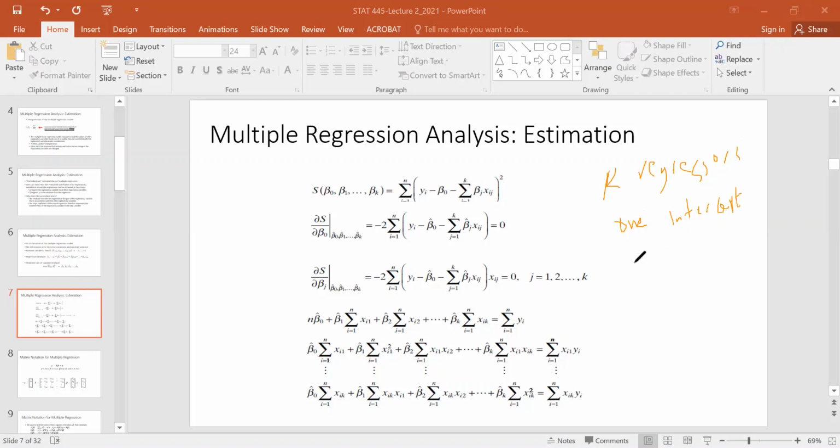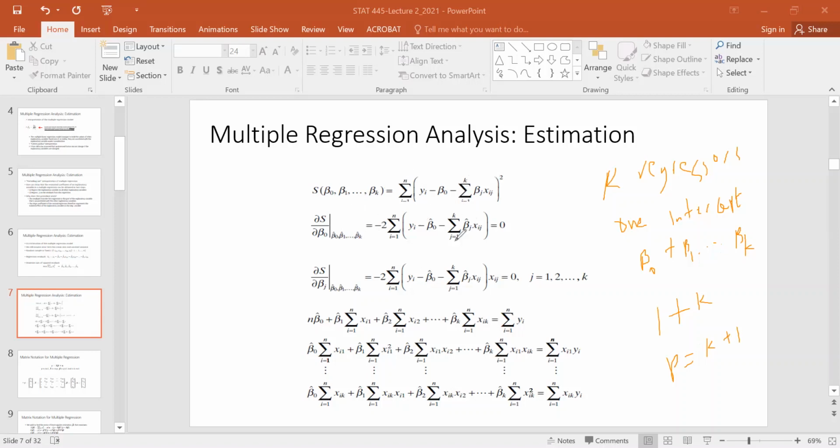If you are counting the betas, there is beta 0 plus beta 1 all the way to beta k. This is 1, 2, 3 up to k, and this is 1. So 1 plus k betas. We usually call it P equals k plus 1, or 1 plus k. So this is how the setup looks.